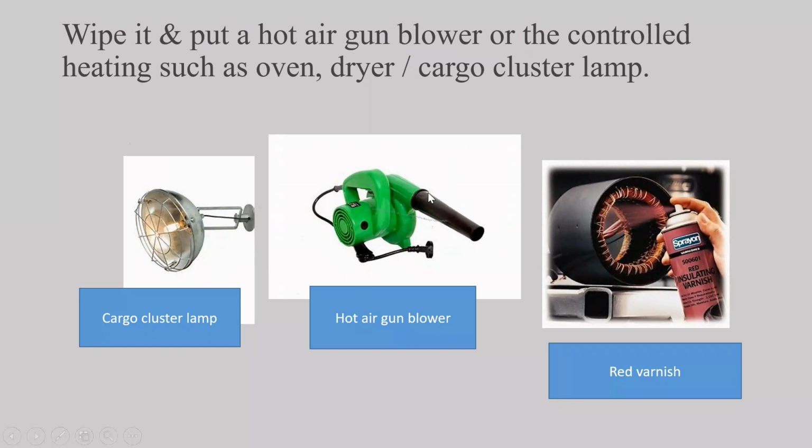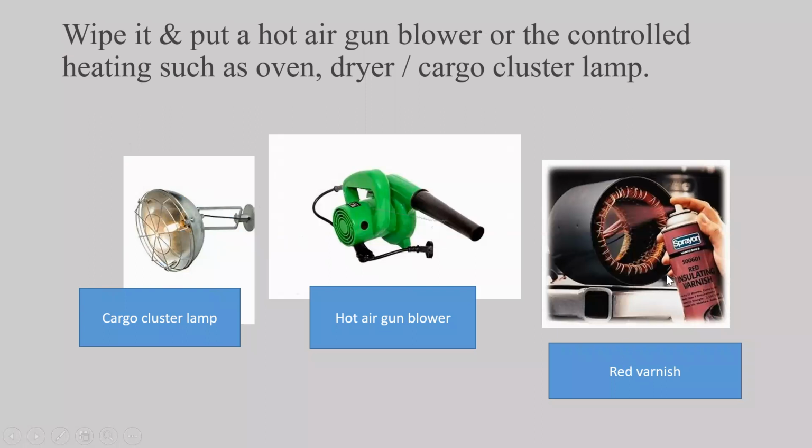The hot air is given to the motors, the motors will get heated up, and it will dry out the water present inside the motor. So these are the two important things: wipe it and use a hot air gun blower. Or controlled heating such as an oven, dryer, or cargo cluster lamp is used. The lamp will produce heat.